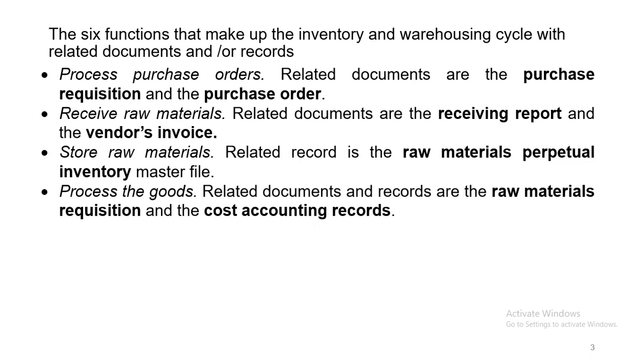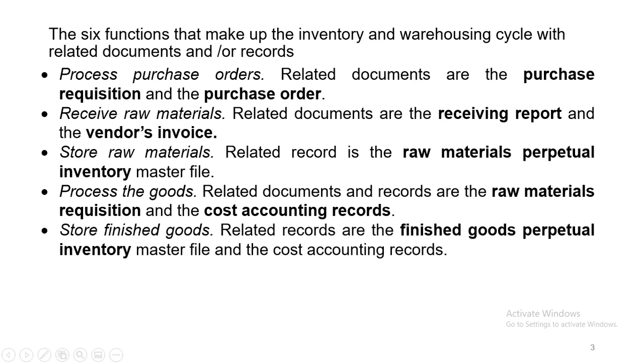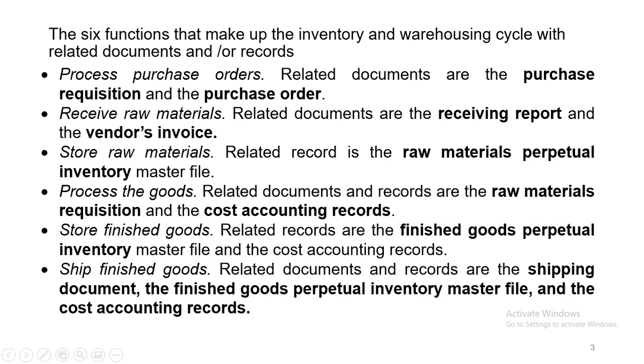The process or production of goods, which includes raw materials requisition and cost accounting records. And store finished goods, which includes finished goods perpetual inventory master file. And lastly, for the shipment of finished goods and its related documents such as shipping document, the finished goods perpetual inventory master file, and the cost accounting record.